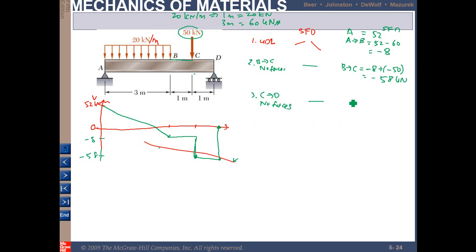Because from C to D it is equal to minus 58 plus 58, it becomes 0, because this one is FD. FD is equal to 58 kilonewton going upward. So you got this shear force diagram.